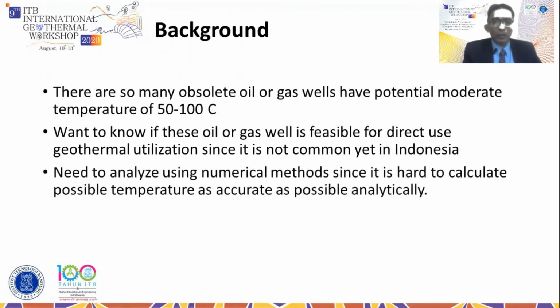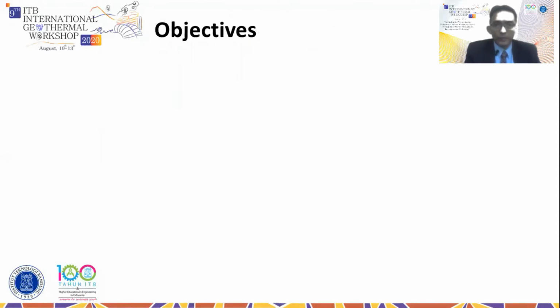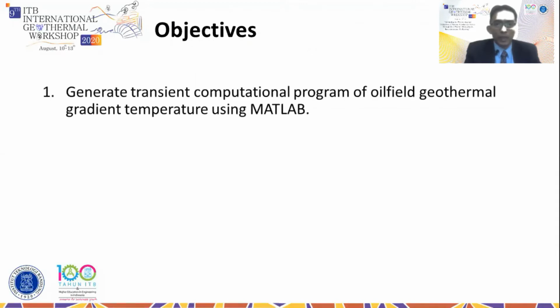So we want to analyze using numerical methods, since it is hard to measure or to calculate possible temperature as accurately as possible analytically. The objectives of our study are: first, we want to generate the transient computational program of oil field geothermal gradient temperature using MATLAB.